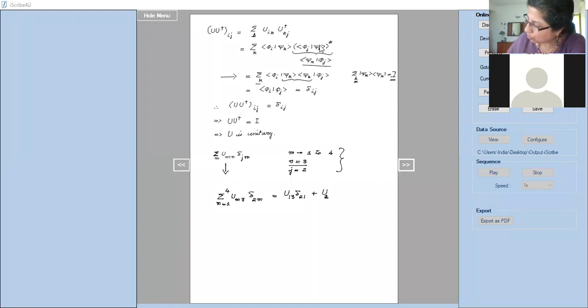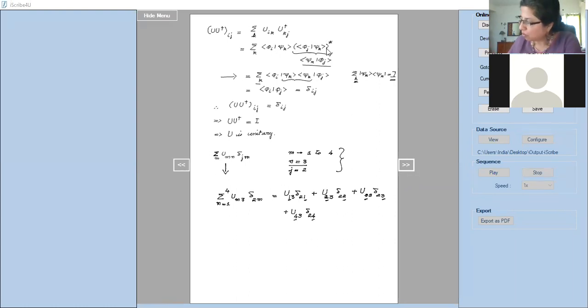So U2, 3 delta 2, 2 plus U3, 3 delta 2, 3 plus U4, 3 delta 2, 4. Please note M is 1 here, M is 2 here, M is 3 here, and M is 4 here. So I've written down all the terms. Are you with me so far? Have you gotten this? Yes, ma'am.